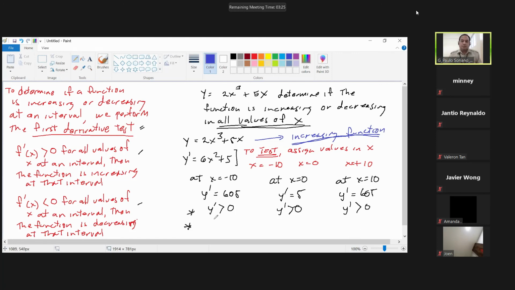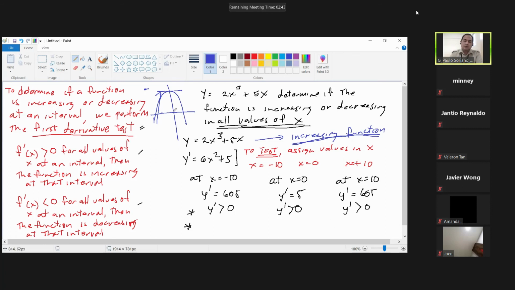But if you get mixed values, there are parts of the graph that give you a positive result, and there are parts of the graph that give you a negative result, then it is increasing or decreasing depending on the interval. If, let's say, a parabola, the one that we had a while ago, remember we have the negative side, covered by negative 10. It will give us an increasing result, right? At 0, it will give us a flat, 0 result.